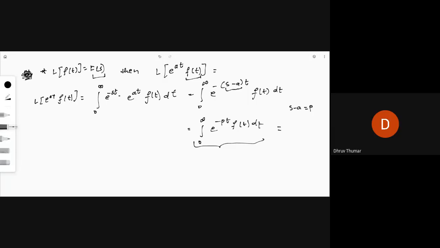You are telling me e to the power minus p t by minus p, no. Yet it is not that integral. It is e to the power minus pt into f of t. You are telling me the integration of e to the power minus pt dt, whose integration is e to the power minus pt by minus p. But it is not that. It is e to the power minus pt into f of t.